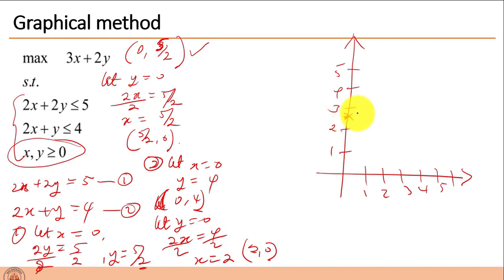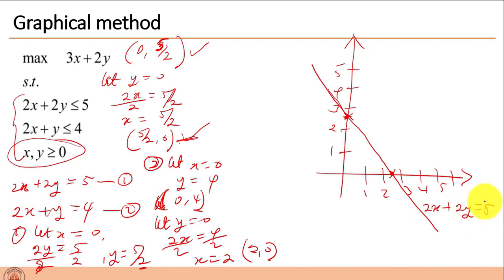Our 0, 5 divided by 2, the second coordinate, is right in the middle here. So what we need to do now is draw a straight line that will pass through these 2 points using the ruler. So like this. Okay. And then we can call this one 2x plus 2y equals 5.